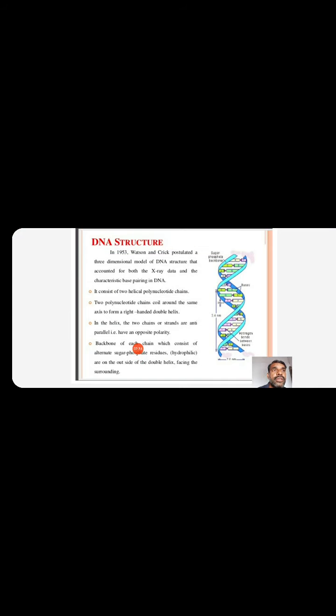The polynucleotide chains coil around the same axis to form a right-handed double helix. In the DNA there are two ends, 3' to 5' and 5' to 3'. These are the two most important strands present in the DNA. The backbone of each chain consists of alternating phosphate and sugar, and the two DNA strands are bound with hydrogen bonds, double bond and triple bond.